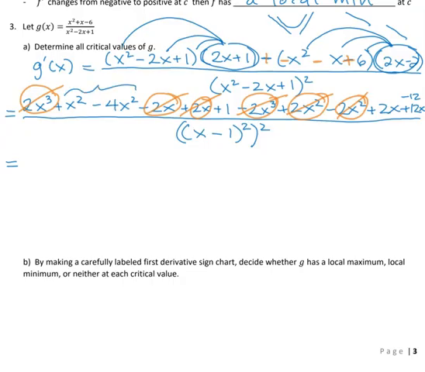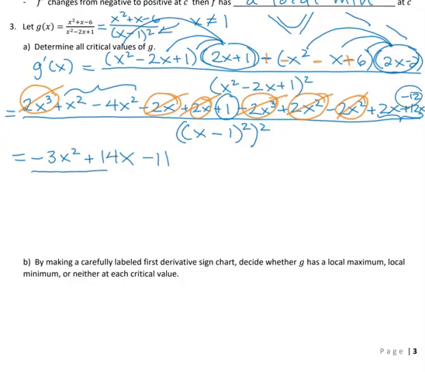So I have an x squared minus 4x squared. So that's a negative 3x squared. I have a 2x and a 12x. So that's 14x. And then I have a 1 and a minus 12, so that's negative 11. And that is all over x minus 1 to the 4th power.